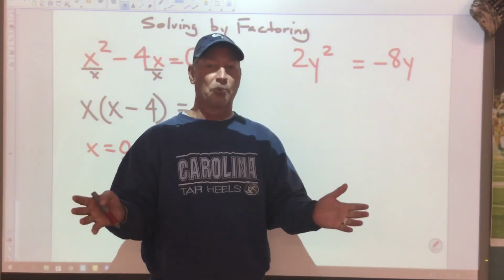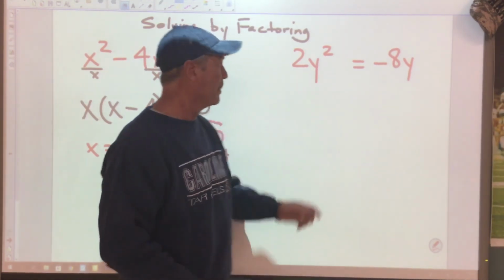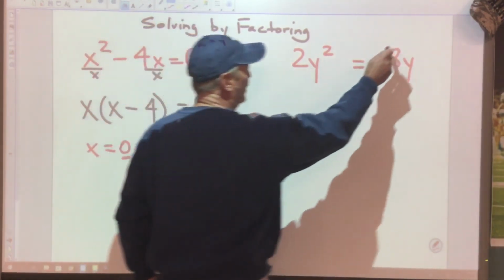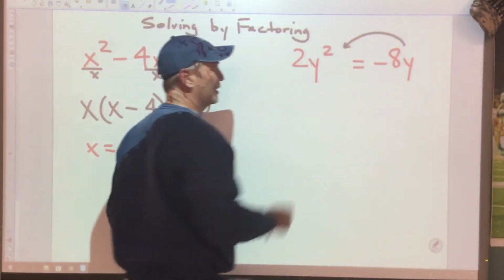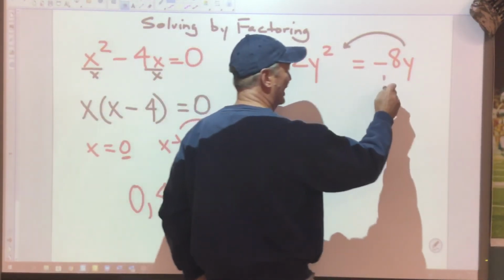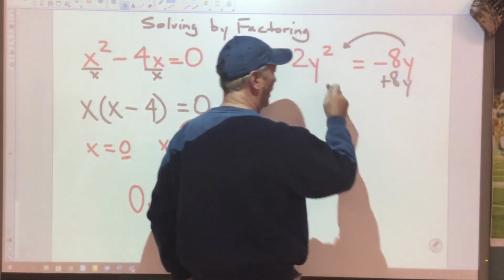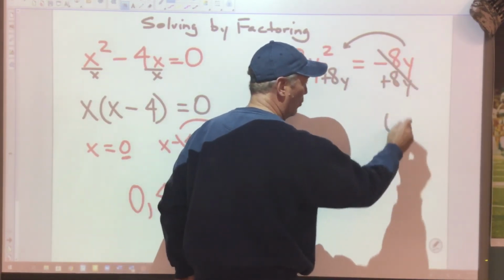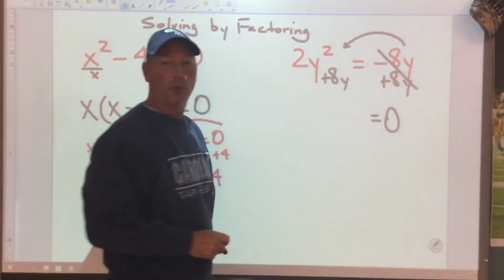It makes it so much easier when we work these. So here I would ask you to move the 8y to this side so it would create a 0. We're going to go plus 8y, plus 8y. This will cancel. That will give me the 0 that I'm looking for.